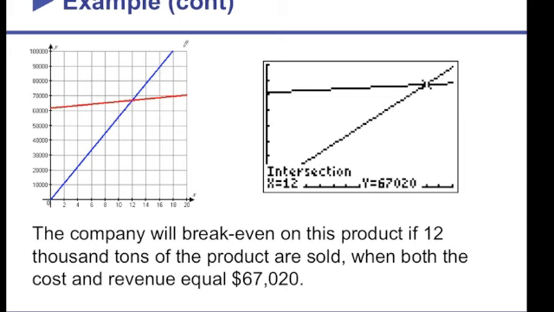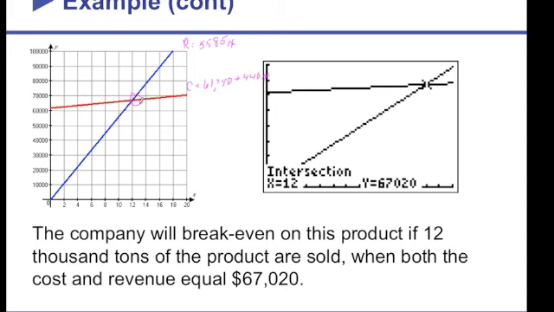My revenue equation here is R equals 5,585x, and my cost equation equals 61,740 plus 440x. So that's the two equations, and where they cross right here is the solution.